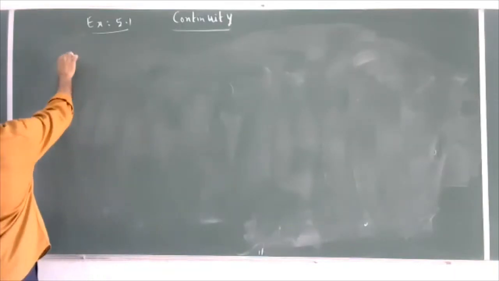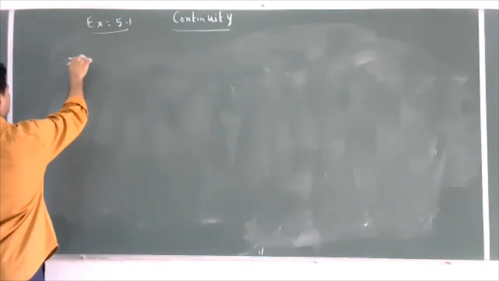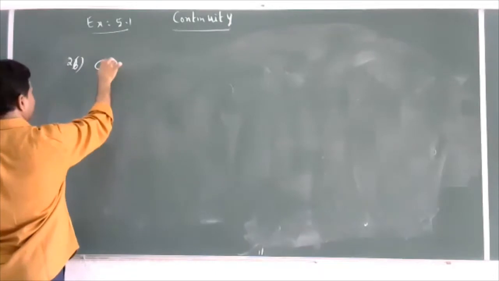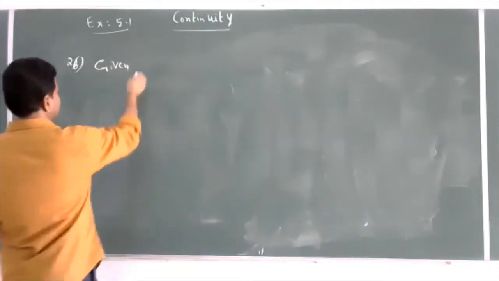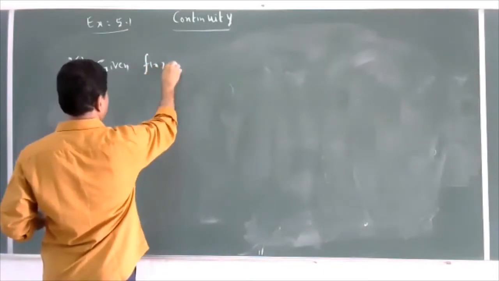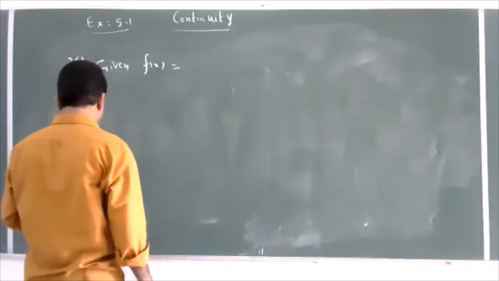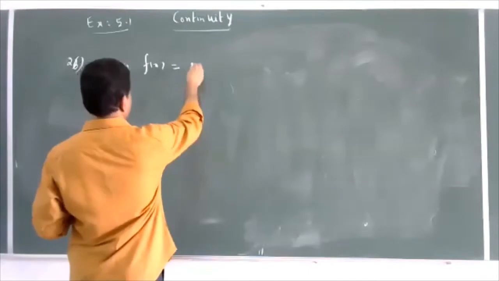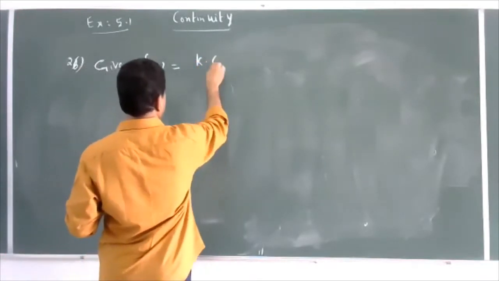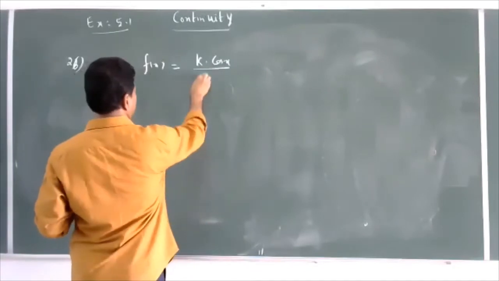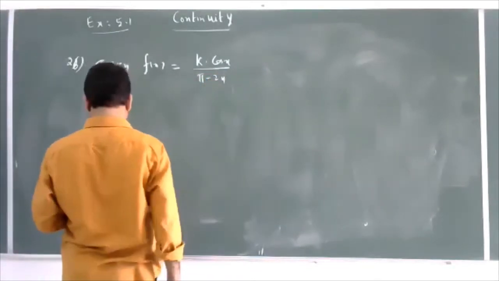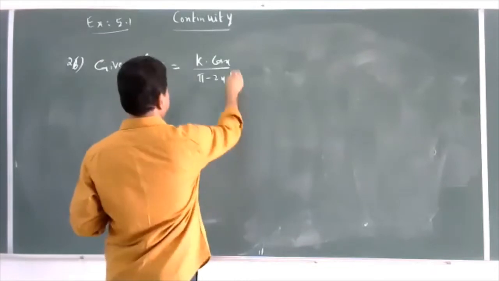Now, first problem, 26. First note down the given one. Given f of x is equal to k into cos x by pi minus 2x, when x is not equal to pi by 2.